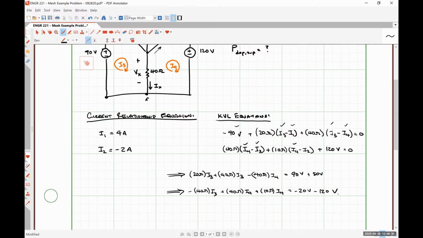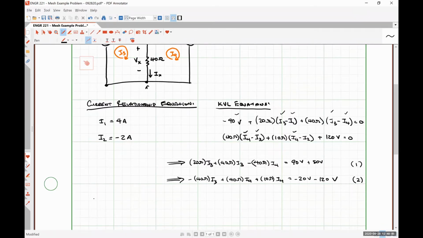So we have those two equations in a form that we can throw them into our calculator and solve. So we should find an answer for I3 and some answer for I4. And when somebody gets an answer, please let me know and I'll see if it matches mine.